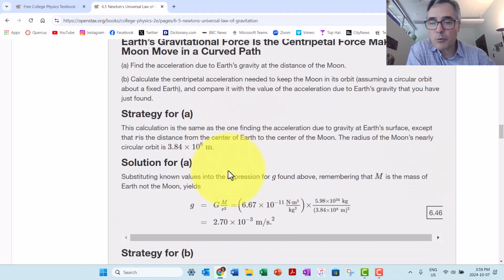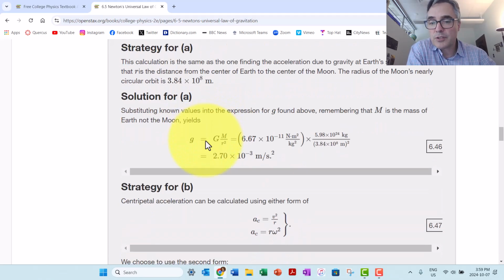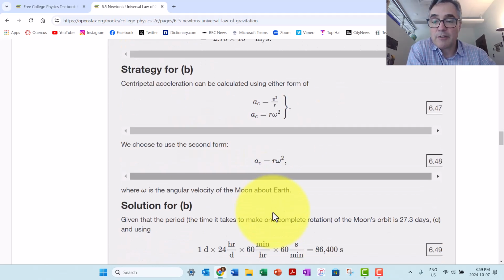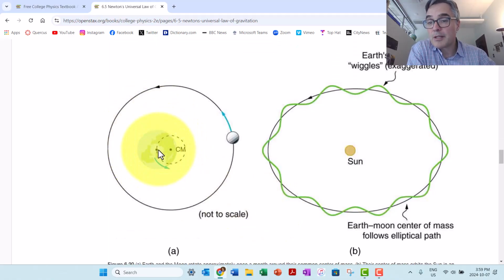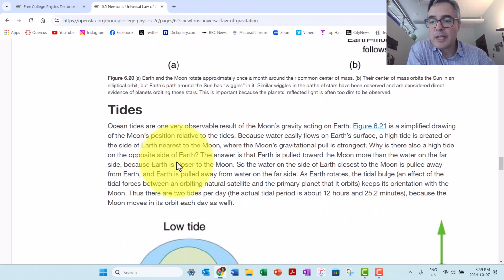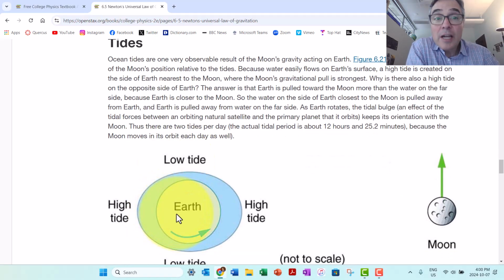But now that we have the more general equation, we can figure out, for example, what the force, the acceleration is of the moon. We can figure out how much the Earth wobbles as the moon goes around. This is what's causing the tide. Tides are caused by the fact that the gravity force from the moon varies with distance.